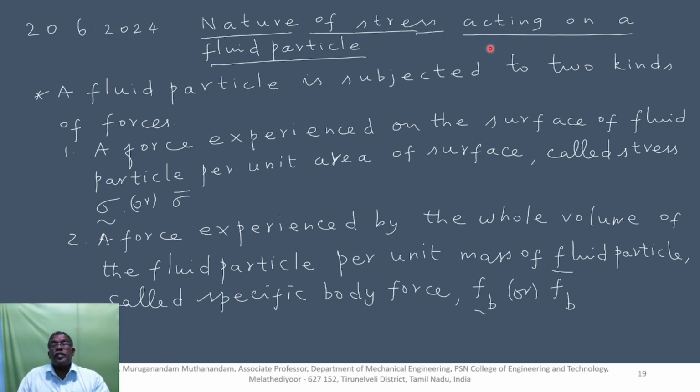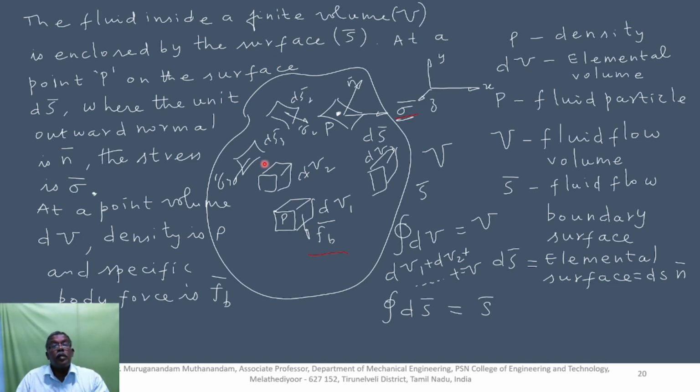The nature of stress acting on a fluid particle. In this control volume, where V is the control volume, which is surrounded by surfaces. Surface is a vector quantity, whereas volume is a scalar quantity.